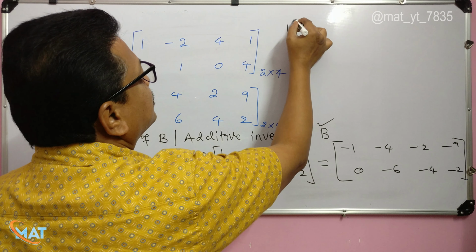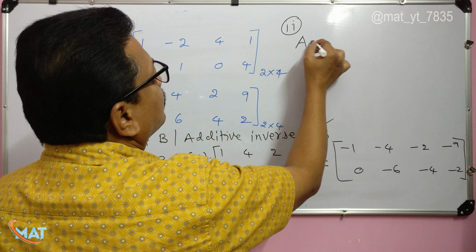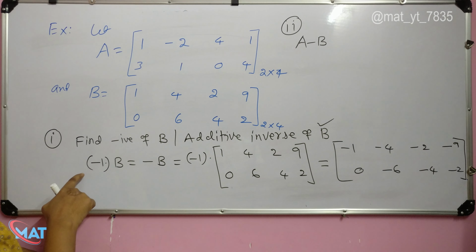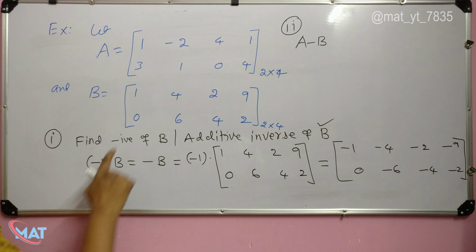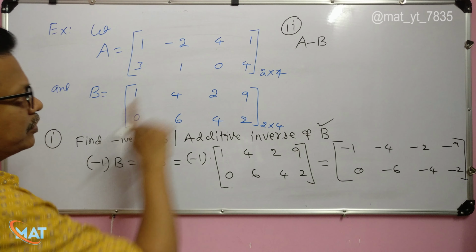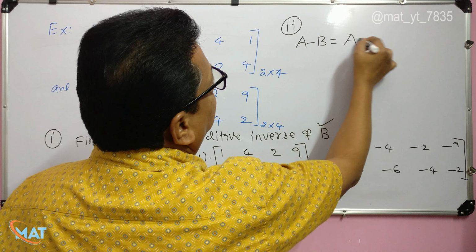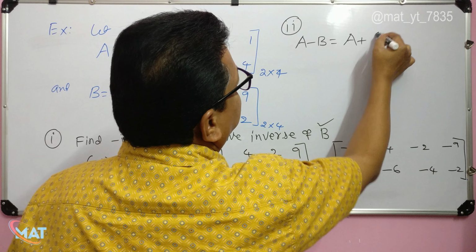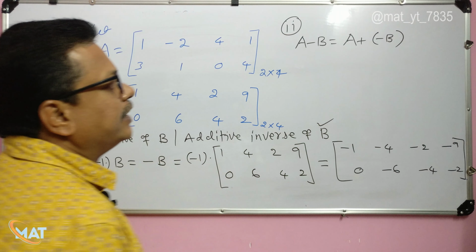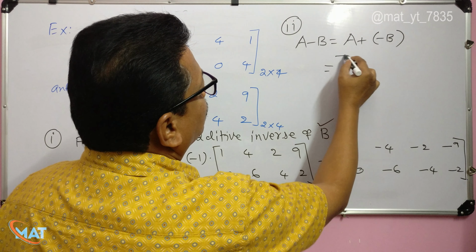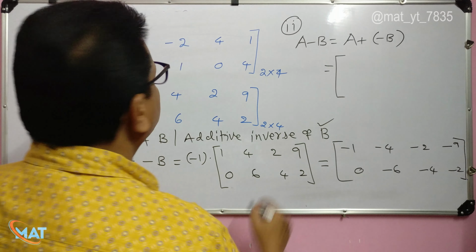In the second stage, you have to compute A minus B, because we took the additive inverse for B. So it should be on the second side, or right side. That is equal to, part of addition as I told you, A plus negative of B. Now you know how to get the sum.